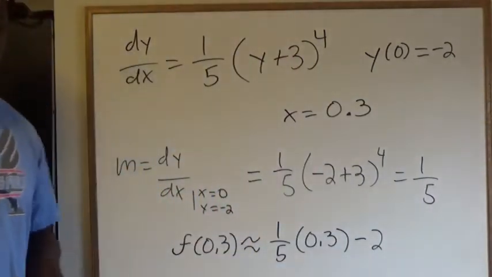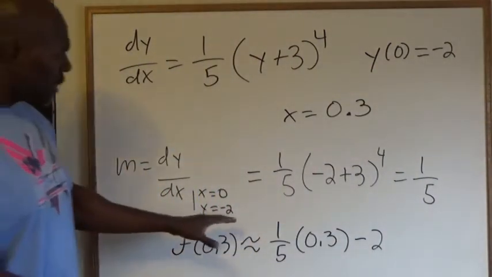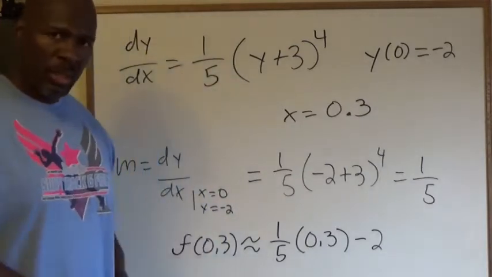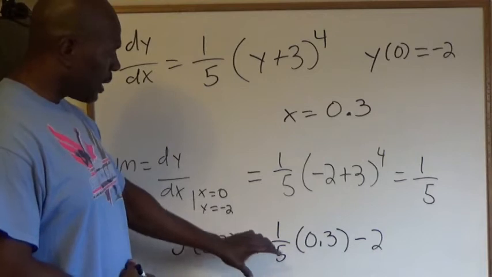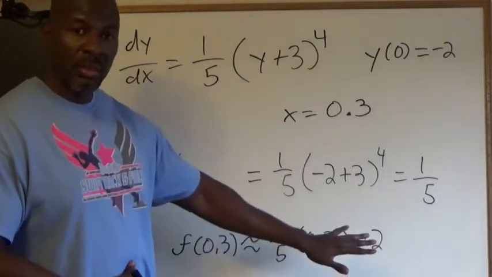That's the answer. There's no need to distribute this out and get it down to one number. Everything is numerical here. This is a perfect way to just leave your answer just like so.